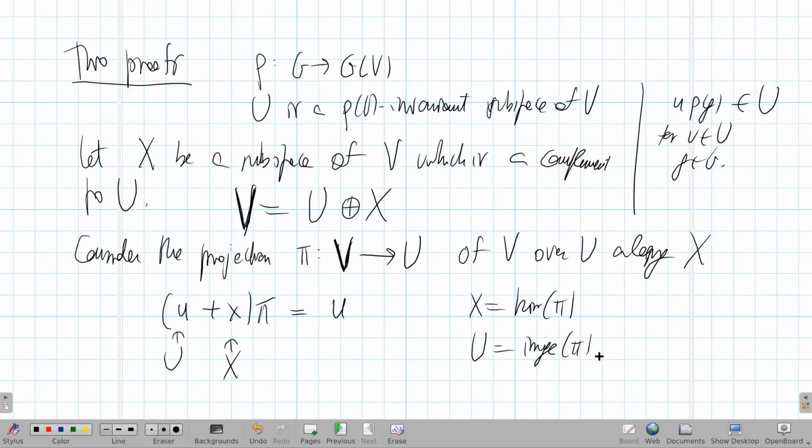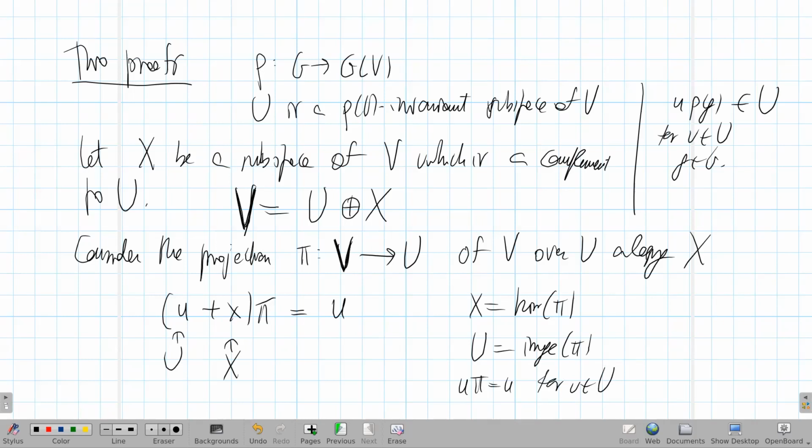This will be important. So we've seen that this is the kernel because when u is zero, you get zero here. And note that u pi equals u for u in U. Okay, a typical projection.